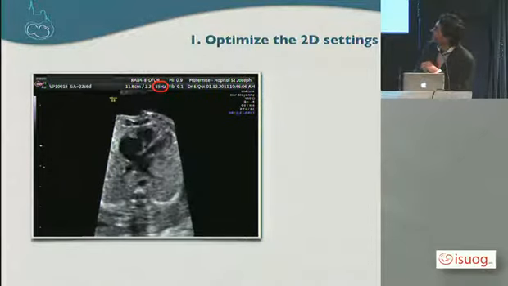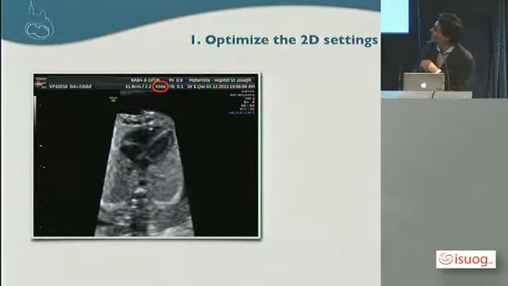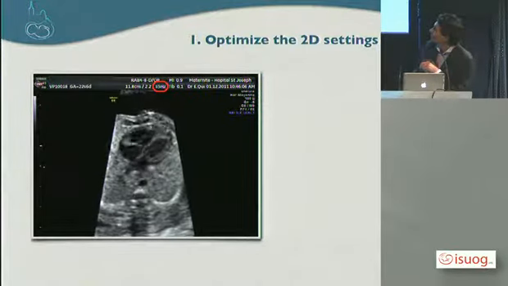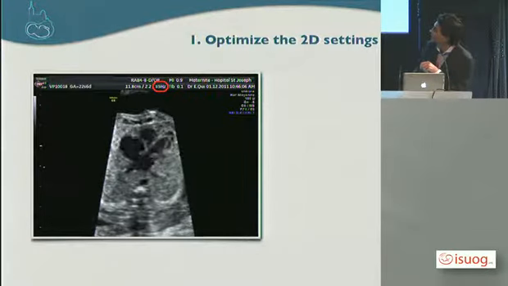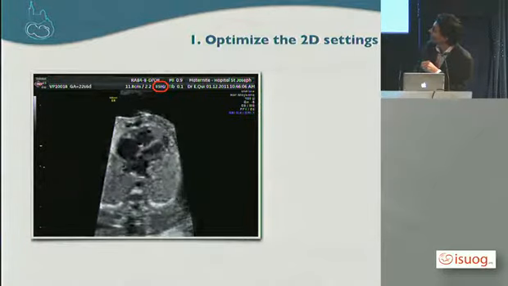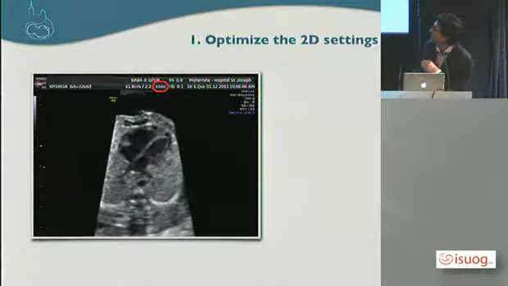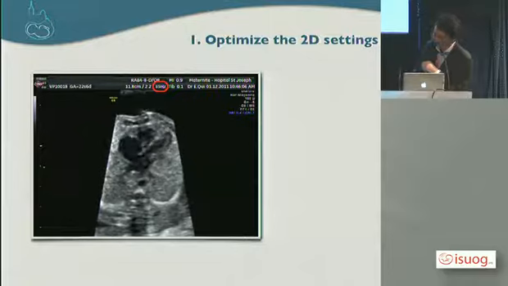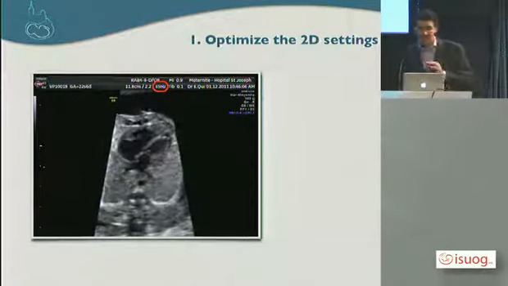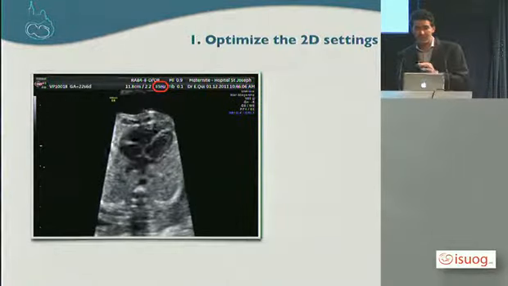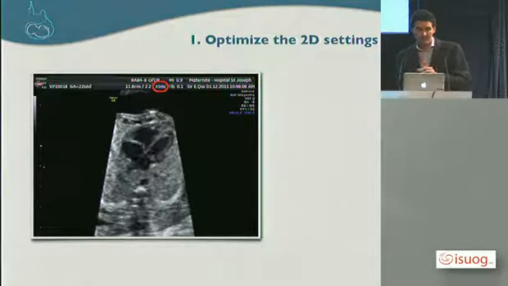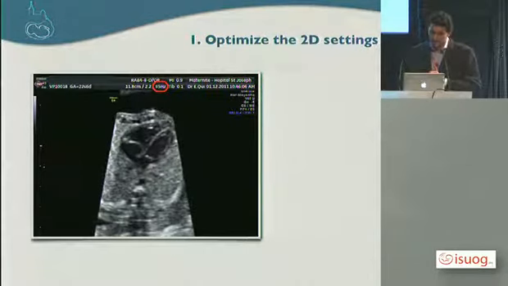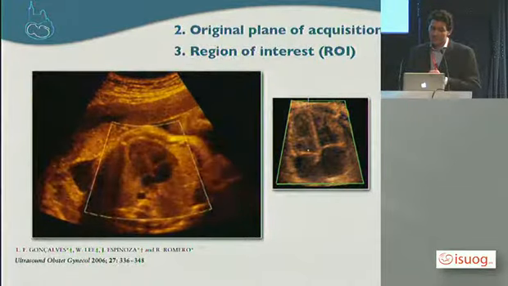As Dario and Julien said just before, we have to narrow the transducer, place the focus at the correct place, and decrease the depth of the region of interest, and then we can see here a very high frame rate, 85 Hertz. That's the initial step in order to obtain a good volume. It is absolutely mandatory.